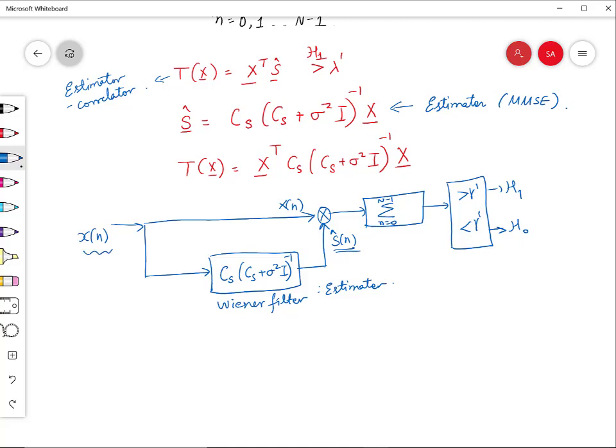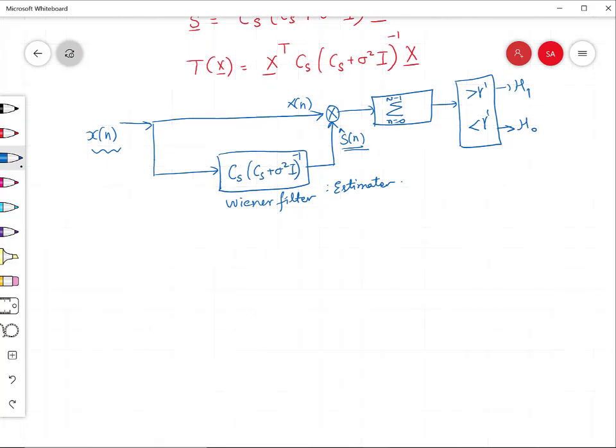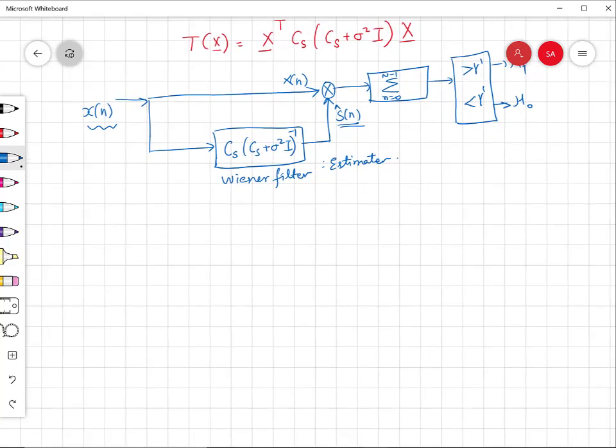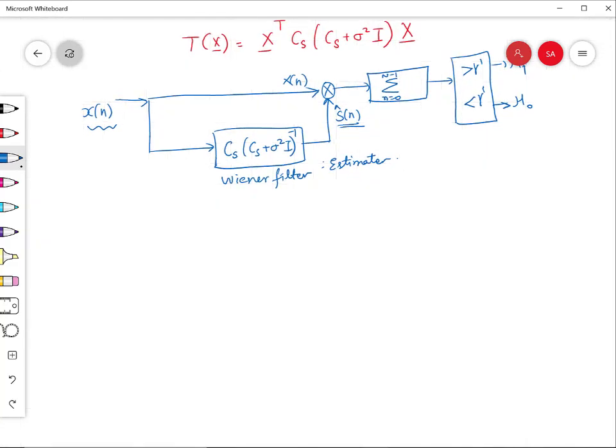Now I'm going to take this further. You can see here that Cs can be decomposed using an eigenvalue decomposition. So we can do an eigenvalue decomposition of Cs.